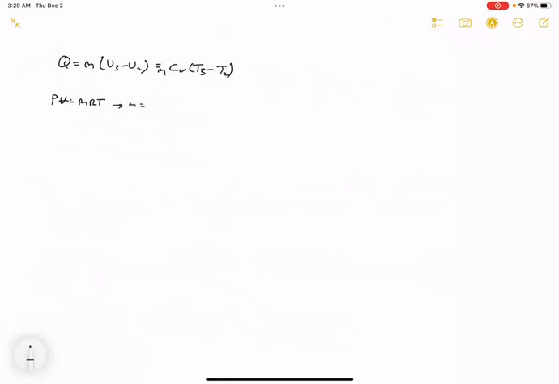So let's use state 1. We have m equals PV over RT. We're told in the question that initially the volume is 600 cubic centimeters. Of course, we have to convert that into cubic meters, which gives us 0.0006 cubic meters.